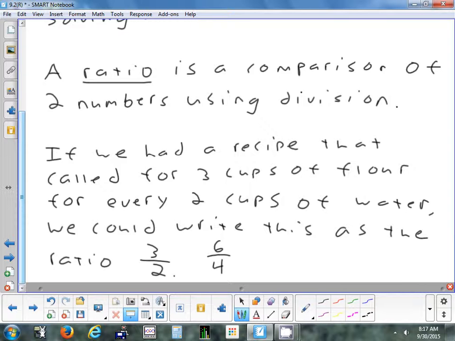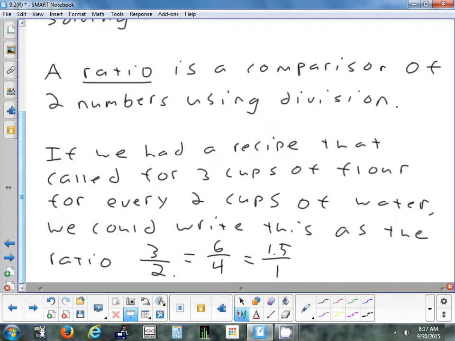Or likewise, if you wanted a smaller batch, you could use half of 3, which would be how much? 1.5. And what's half of 2? 1. So if you wanted a small batch, you could use 1.5 cups of flour to 1 cup of water. It's all ratios, and cooking is the easiest example I could think of. So these are all the same thing, just bigger and smaller versions.